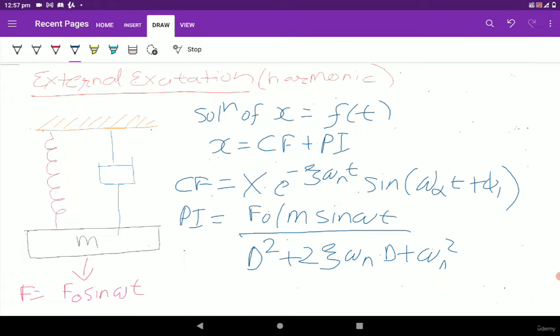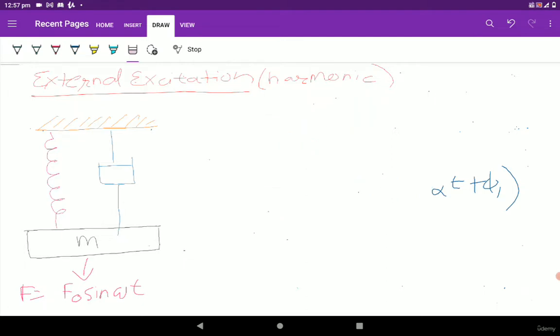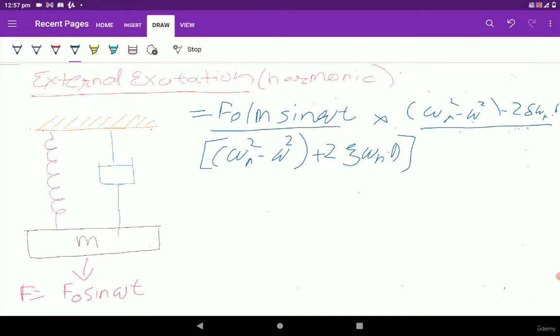So let's further simplify this equation: F naught by m sine omega t divided by omega n square minus omega square plus 2 zeta omega n D, multiplied by omega n square minus omega square minus 2 zeta omega n D, divided by omega n square minus omega square minus 2 zeta omega n D.